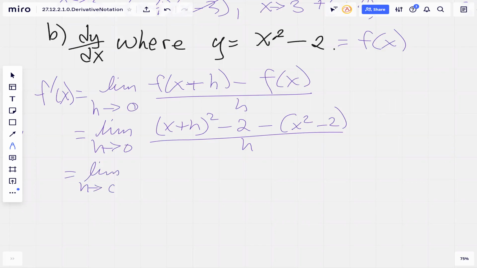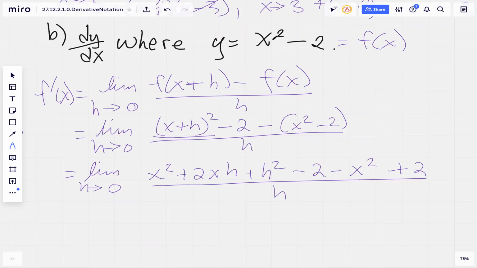Limit as h approaches 0. Let's expand this: x squared plus 2xh plus h squared minus 2 minus x squared plus 2, all over h.